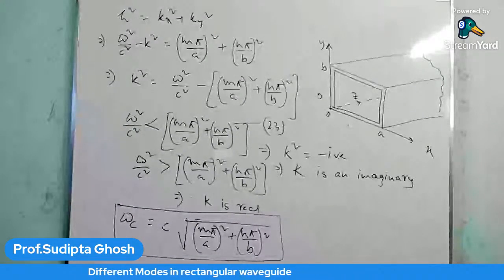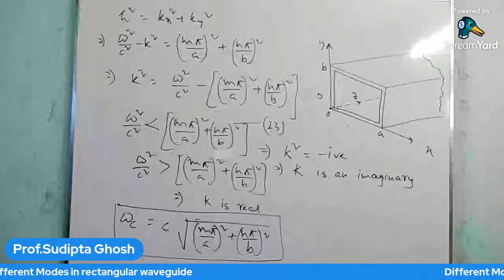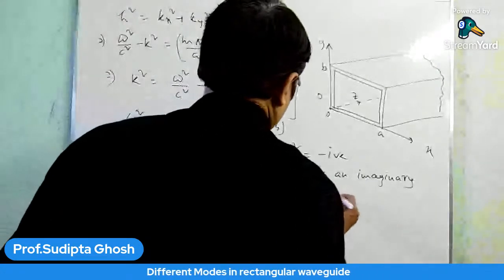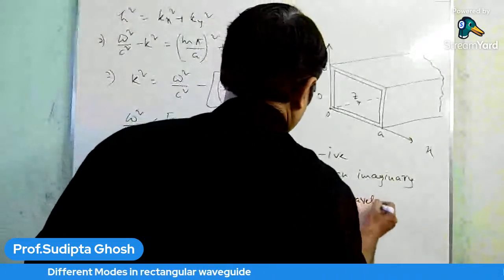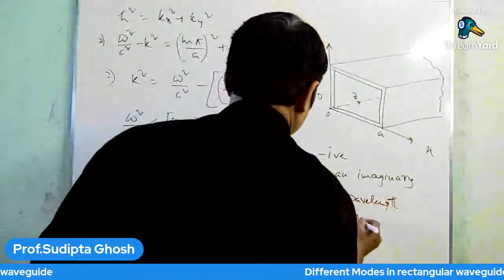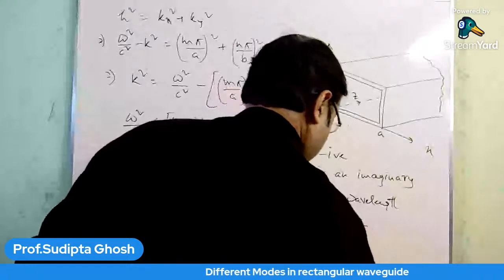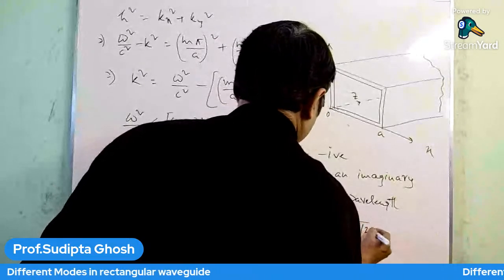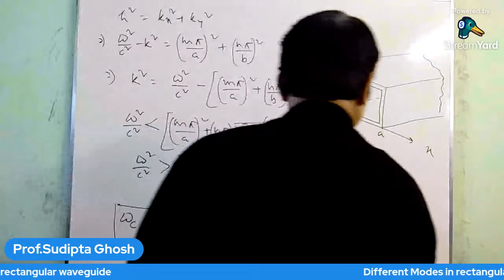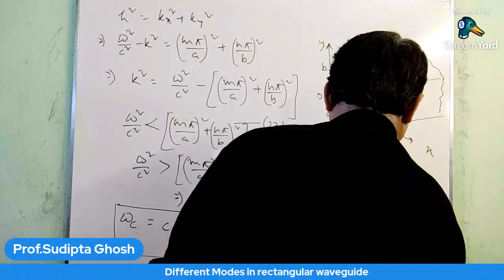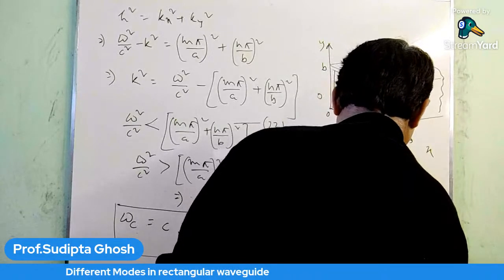Now as you can see, if we have the value of the frequency, we can write the cutoff wavelength as well. So the cutoff wavelength, that is lambda c, can be written as c by f, that is c by omega c by 2 pi, and the value will be 2 divided by square root of m by a square plus n by b square.